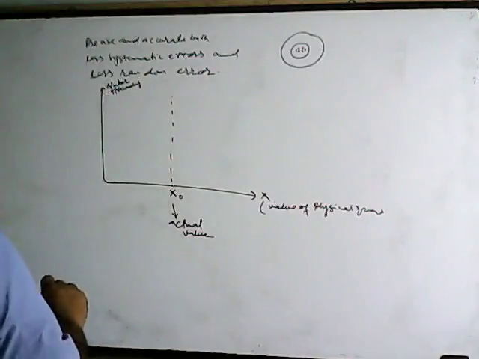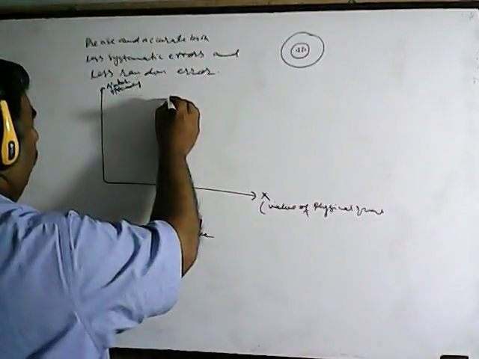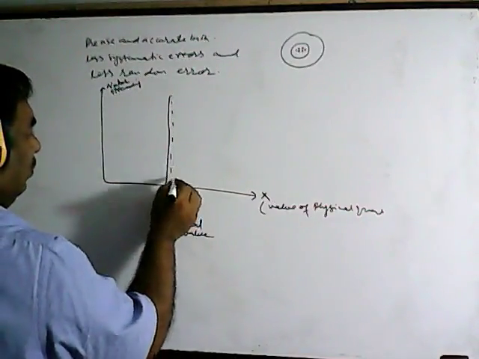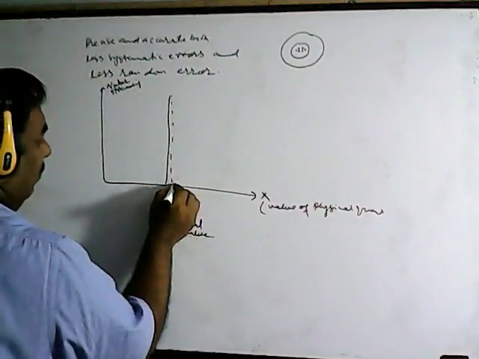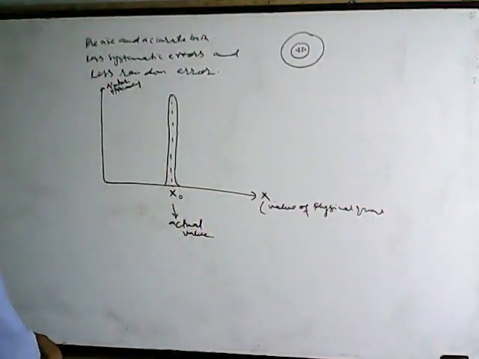Since he is accurate and precise, we may have a very narrow loop, and it will be symmetrical, so that the average values are like this one. This is a simple graph for Mudassir.